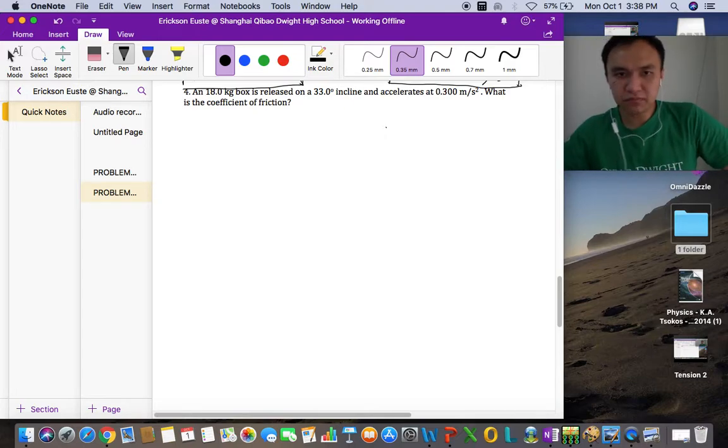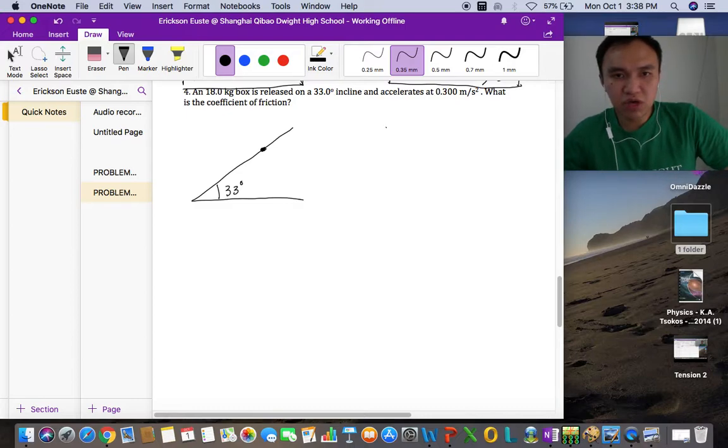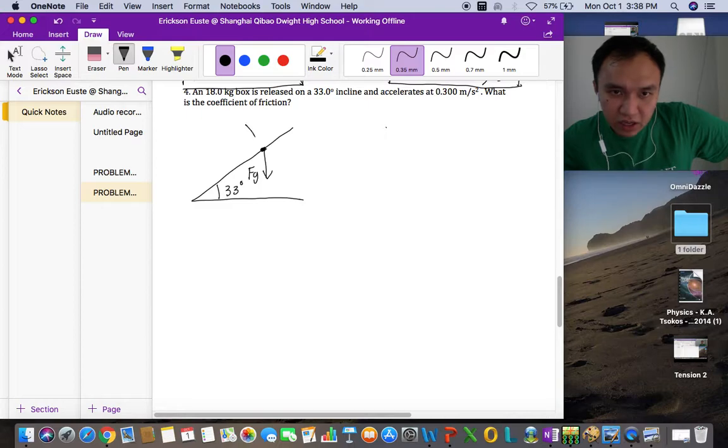So first, you need to draw the diagram. This is not to scale. This is 33 degrees, and you need to have the free body diagram first so you can set up a solution. This is the gravitational force, which is directly downwards, and this is the normal force that is perpendicular to the plane.